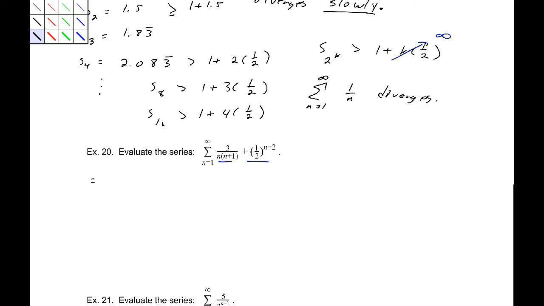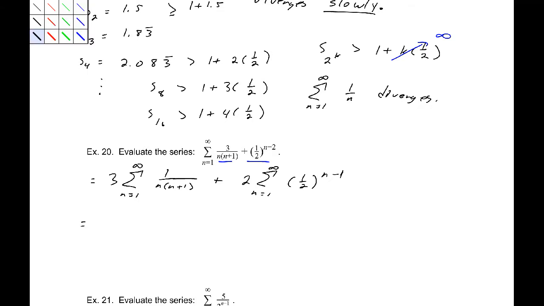So this is equal to, I'm going to factor out a 3, and that is 1 over n times n plus 1, plus, I'm going to factor out a 2 to make this look closer to something we have looked at before.